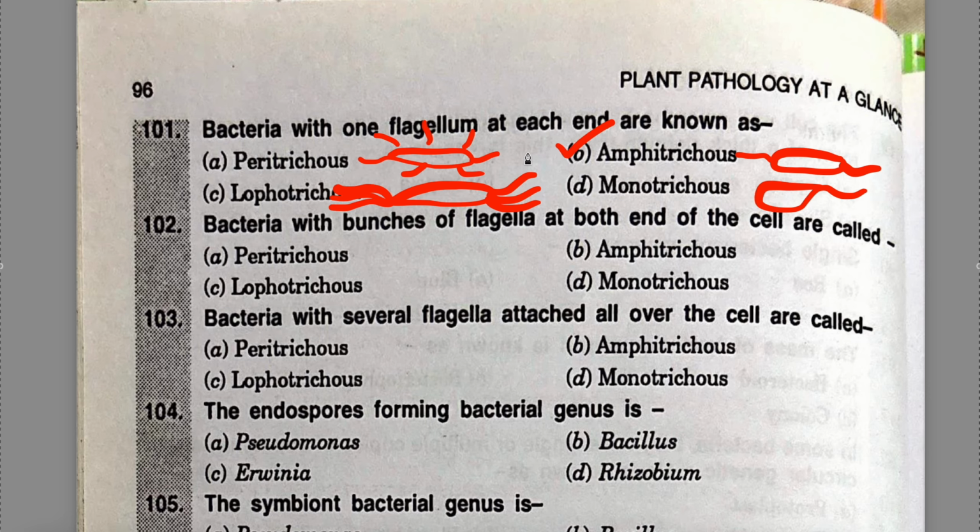Okay, but can you tell me one example of each of these types? I'll tell you for amphitrichous, you will tell me for peritrichous, lophotrichous and monotrichous. One such example of bacteria which have amphitrichous flagellar arrangement is Pseudomonas species. It's not mentioned, but it is Pseudomonas species. Okay, I'll tell you one more. For example, peritrichous.